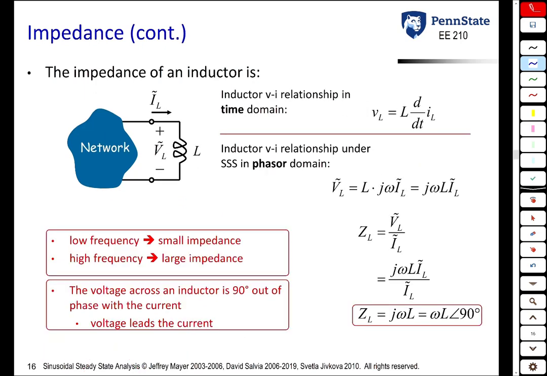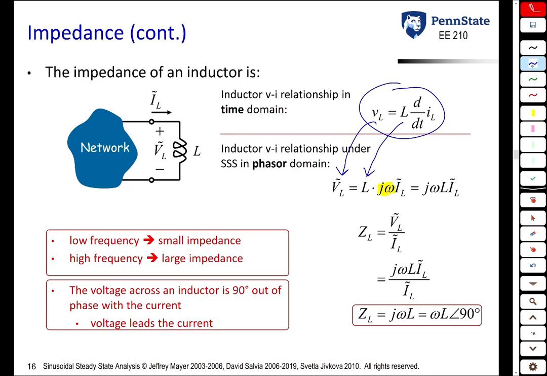So now let's look at an inductor. In the time domain, the voltage across the inductor is L times di_L/dt. So let's convert this expression here to its phasor equivalent. V_L becomes V_L phasor. L is just a constant, it comes over there. Remember that differentiation in the time domain is the same as multiplying by j omega in the phasor domain.